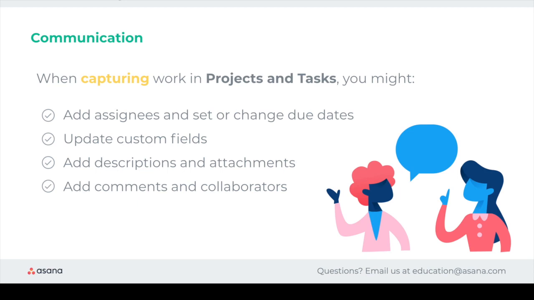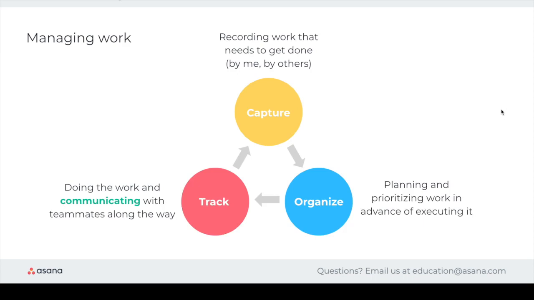And more directly, adding those descriptions, attachments, and comments, and even your collaborators really allows us to communicate with teammates in the context of the work itself so that everything is tied to a single focused conversation about that action item. So back to the three phases of managing work.